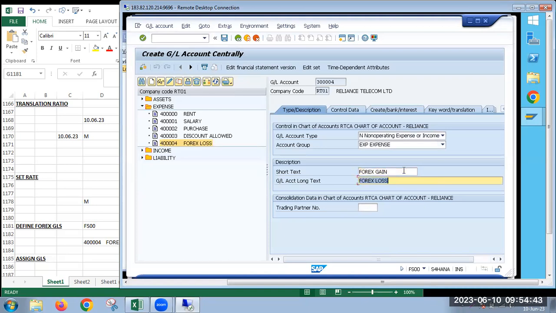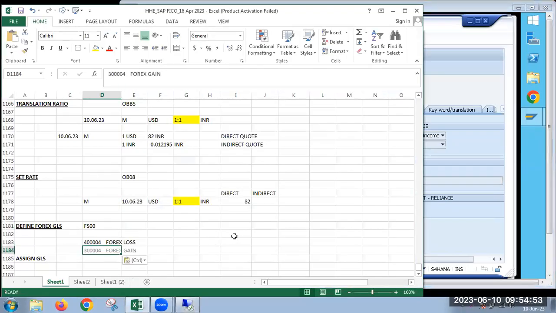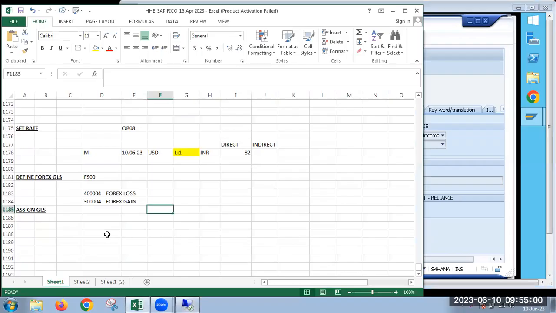Income account. Yes, correct, income. Forex gain. So here, two GL accounts we have created. Now the assignment.